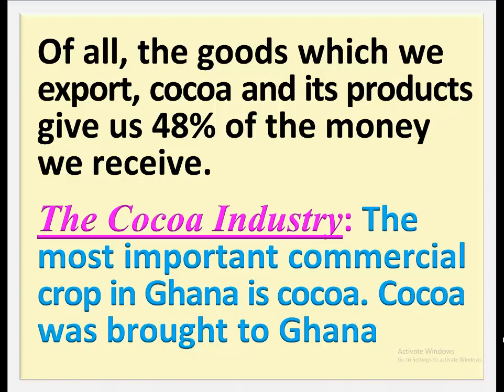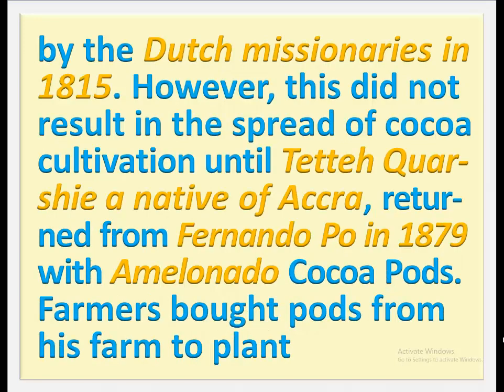The cocoa industry. The most important commercial crop in Ghana is cocoa. Cocoa was brought to Ghana by the Dutch missionaries in 1815. However, this did not result in the spread of cocoa cultivation until Tetteh Quarshie, a native of Accra, returned from Fernando Po in 1879 with Amelonado cocoa pods.